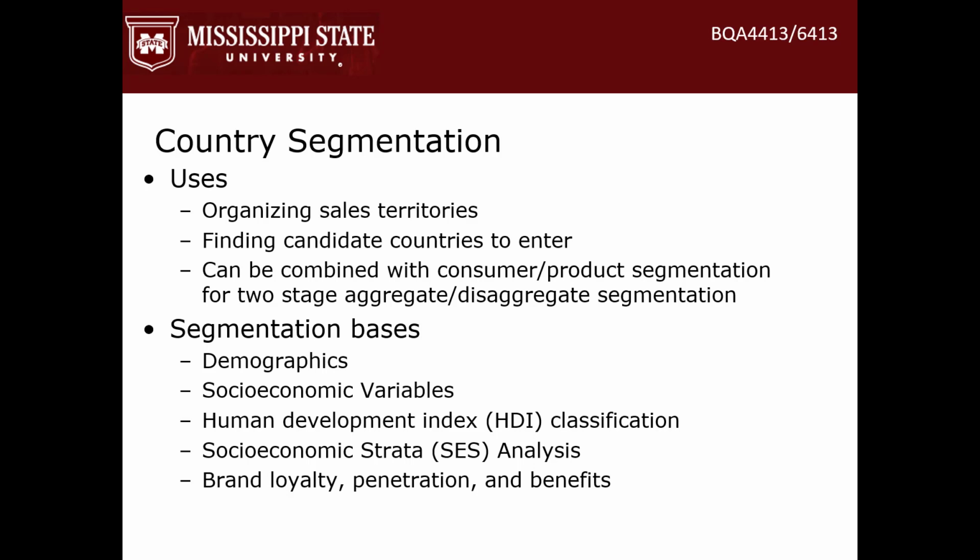We can actually combine country segmentation with segmentation within the countries. So we can segment countries, and then we could look at different consumer segments, for example, upper class, middle class, lower class, within those different countries. And again, we can segment countries based on their demographics, socioeconomic variables such as GDP per capita, how developed they are in things like education, levels of infrastructure, etc. And we can also segment based on the proportion of middle class in the country.